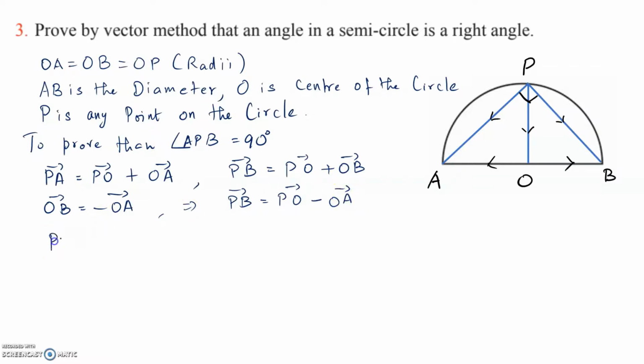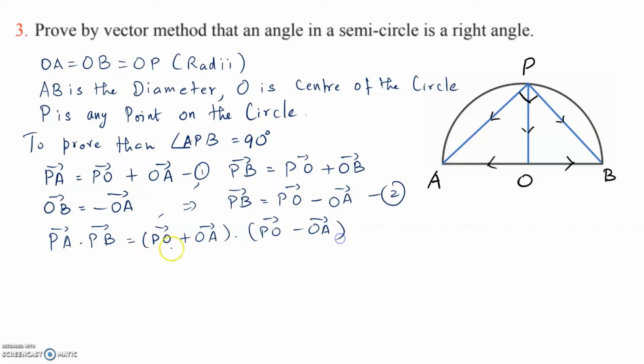So if we do the dot product of PA and PB, we get PO plus OA dot product with PO minus OA vector. So we can further write this as PO vector dot product with PO vector minus OA vector dot product with OA vector.